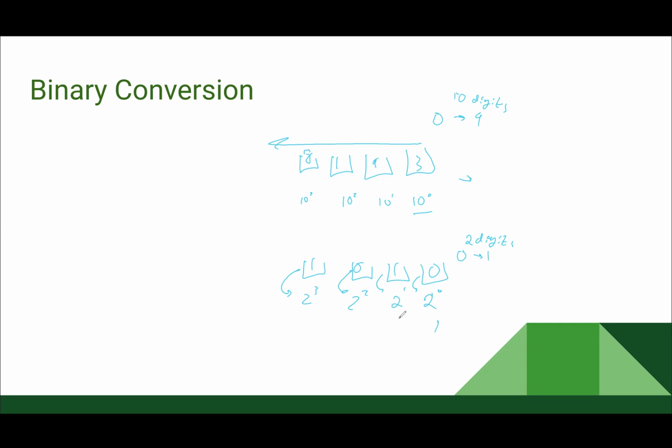We have 1, 2, 4, and 8. 1 times 8 is 8. 0 times 4 is 0. 1 times 2 is 2. 0 times 1 is 0. So the total here is 10. So if we convert from binary to decimal, we get that number 10 in base 10. So 1010 in base 2 equals 10 in base 10.